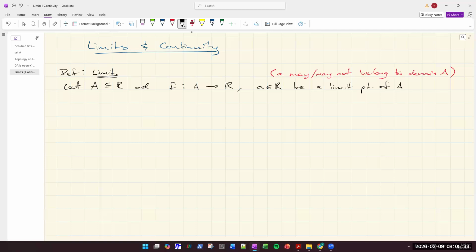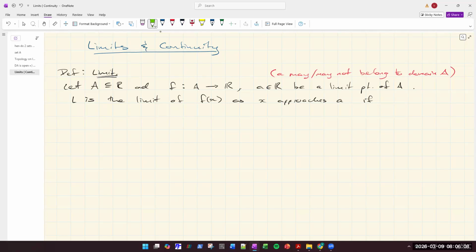So A be a limit point of A. We say that L is the limit. Of course, L is a real number. L is the limit of f of x as x approaches A if, so here's a definition.